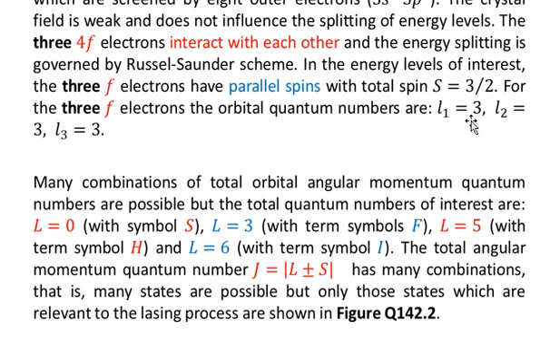That is 3 plus minus 3, the mod of 3 plus minus 3. And you know that when you add them together and subtract them, you will get many values of angular momentum.